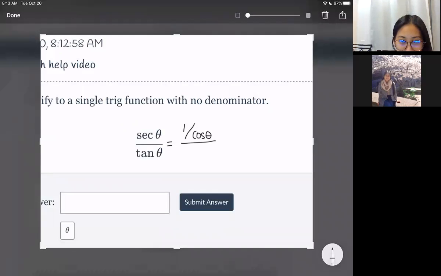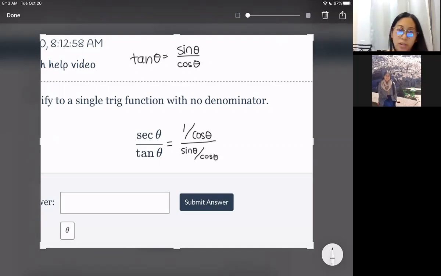And tangent, we should remember that tangent is sine over cosine, right? So then I'm going to put here sine over cosine. Pausing here. Any questions?